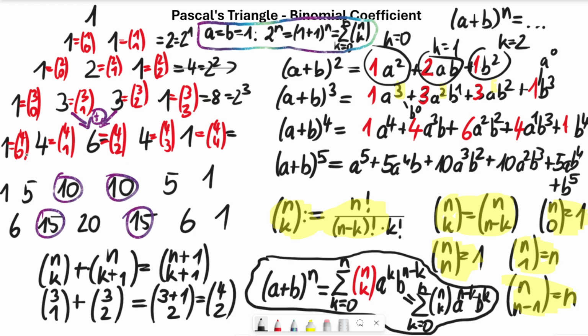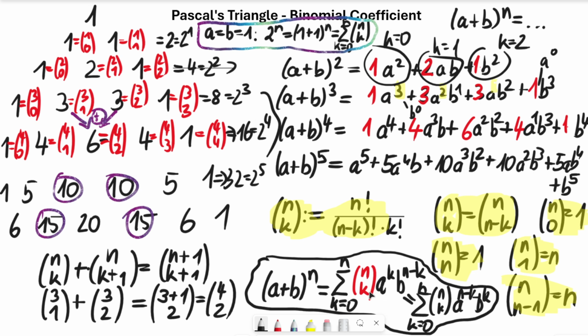And one more, let's compute like this, 10, 11, 12, and plus 4 is 16. It is 2 to the power of 4. And if you still do not believe, compute the next one. So 20, 30, it's 32. The sum is 32, which is 2 to the power of 5. This is kind of a nice property.